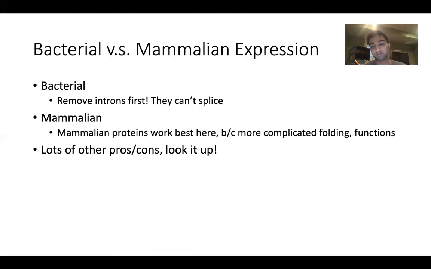Okay, bacterial versus mammalian expression. So you can put genes into bacteria, using plasmids, or you can put it in their genome. And you can also do it with mammalian cells, so human cells or other mammalian cells. And with bacterial cells, you have to remove the introns first.